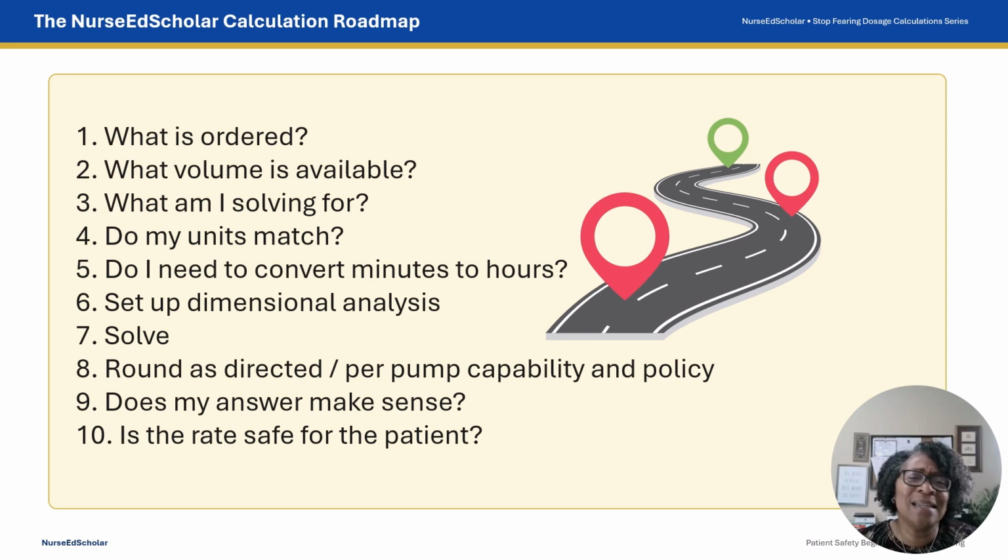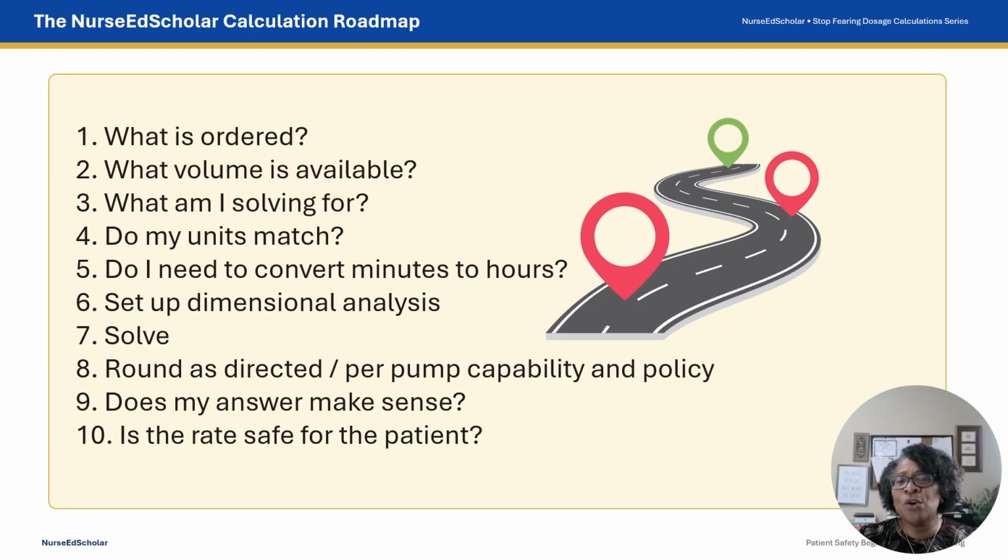And then lastly, is the rate safe for my patient? For some people, some rates may actually be too fast. Certain populations, it may be too fast. It may be too much. Even if clinically you're looking at a patient and you're like, well, yeah, they need this, but whatever other comorbidities they may have, it just may not be the right thing for them at that time.